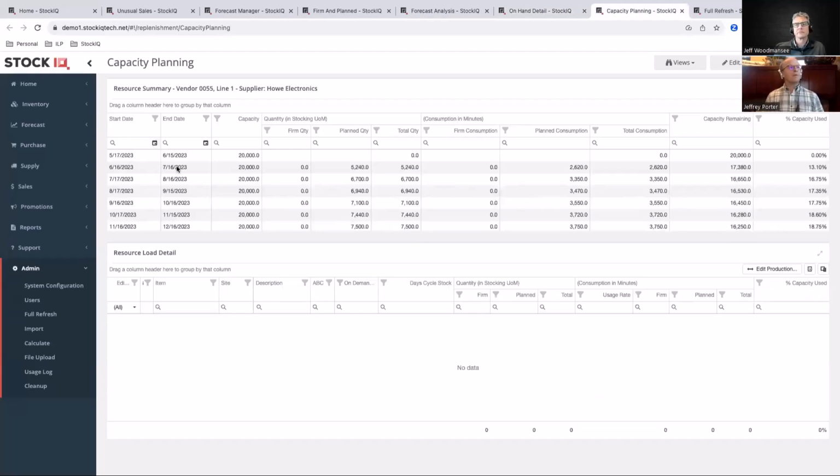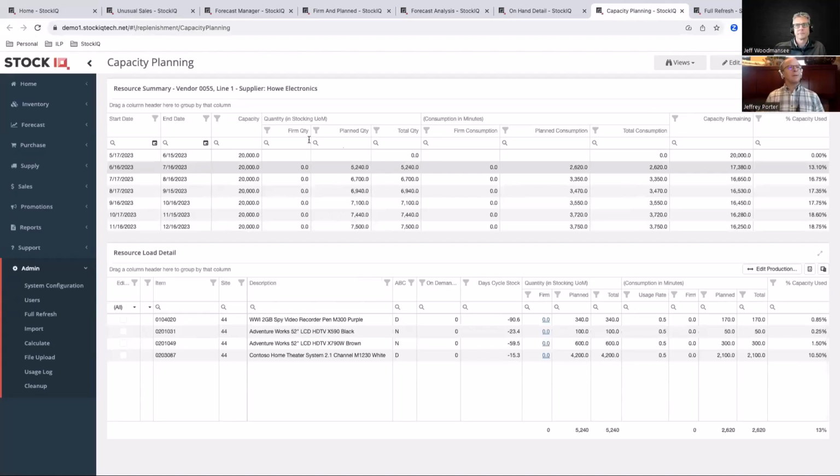One of the things to note is I am looking at everything that's been firmed up, meaning these are my firm plans, and then I have my planned quantities out here. I'm going to compare what that plan is relative to the capacity that I have available. If I'm in a warehouse, maybe it's cubes. I have this in quantities at this point. My stocking unit of measure, again, is in units, but I could easily do cubes in here.